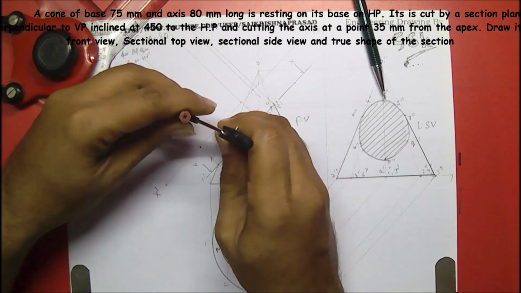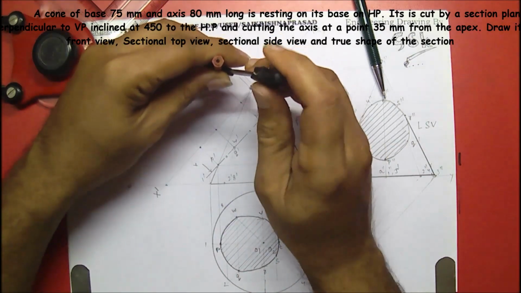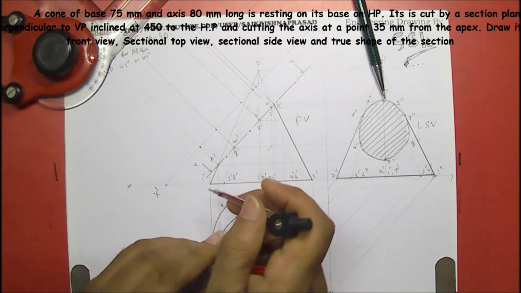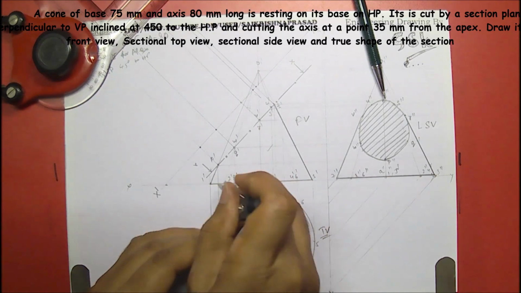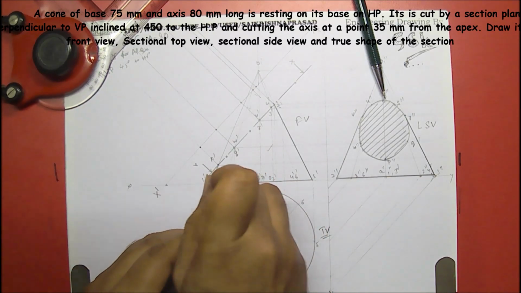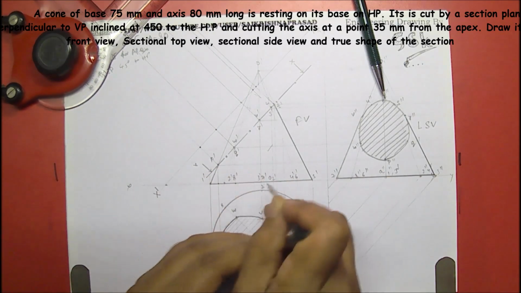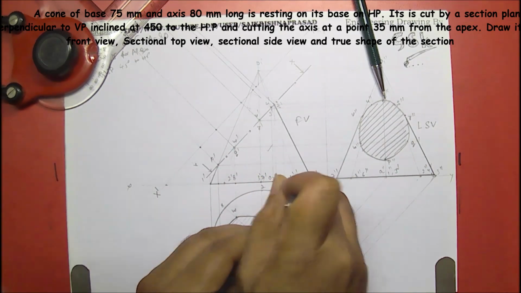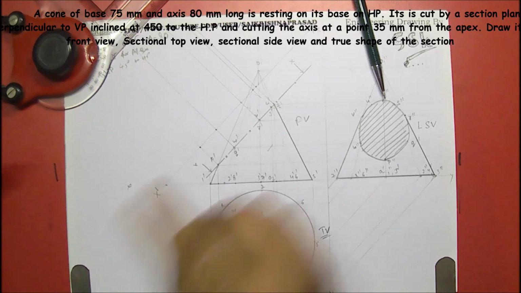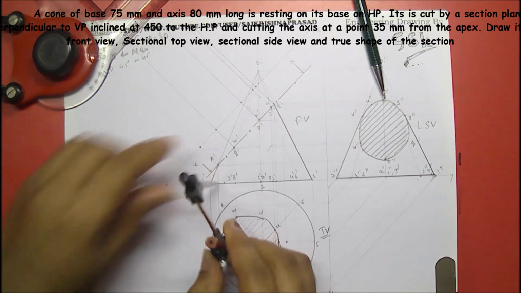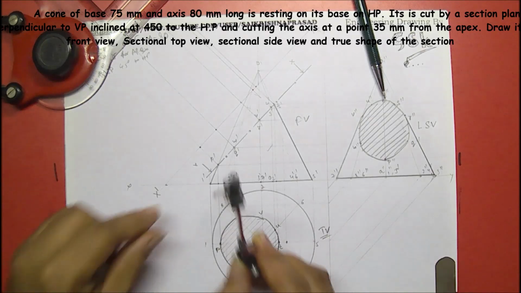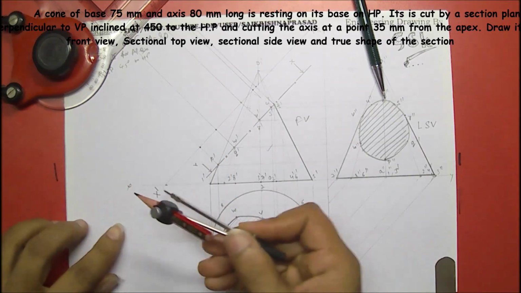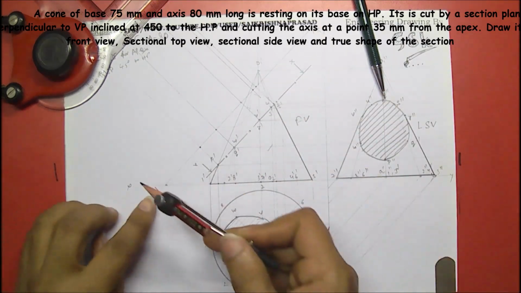Mark it for the next steps. Here also mark this. Now P dash P, measure from this reference line to the P. This is the reference line, x, y, x dash, y dash.